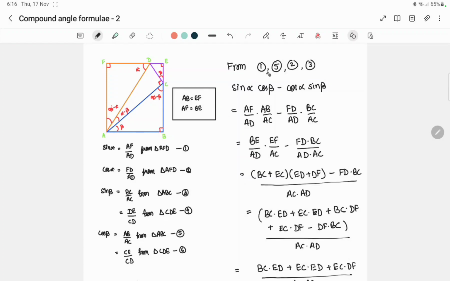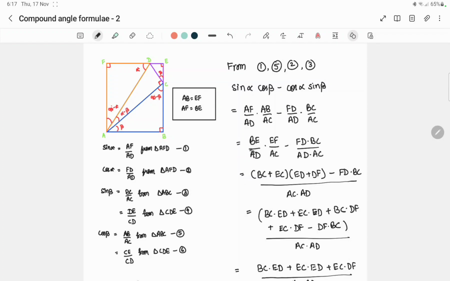So look at this: from equation 1, equation 5, equation 2 and equation 3, we are going to substitute into sin alpha cos beta minus cos alpha sin beta. From equation number 1 we have sin alpha as AF by AD, cos beta from equation number 5 we have as AB by AC, from equation number 2 we have cos alpha as FD by AD, and from equation number 3 we have sin beta as BC by AC.